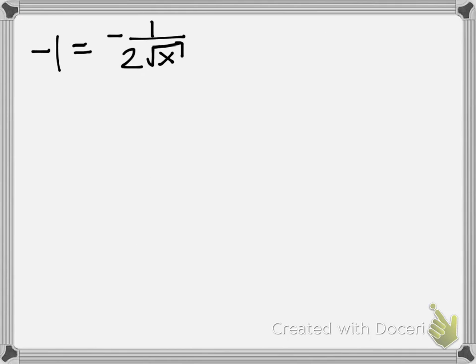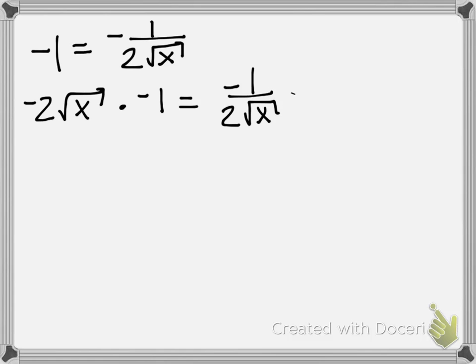So from there, go ahead and multiply both sides by negative 2 square root of x times negative 1, and whenever we multiply that up there by the negative 2 square root of x, that's going to clear out our denominator, and since we have a negative times a negative, that's going to make that a positive.